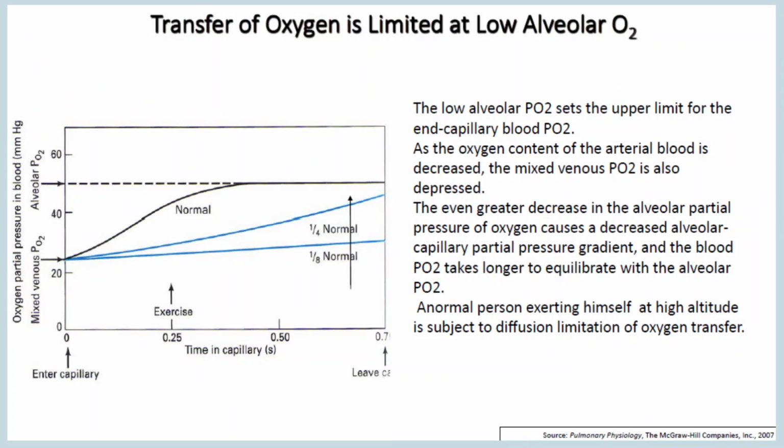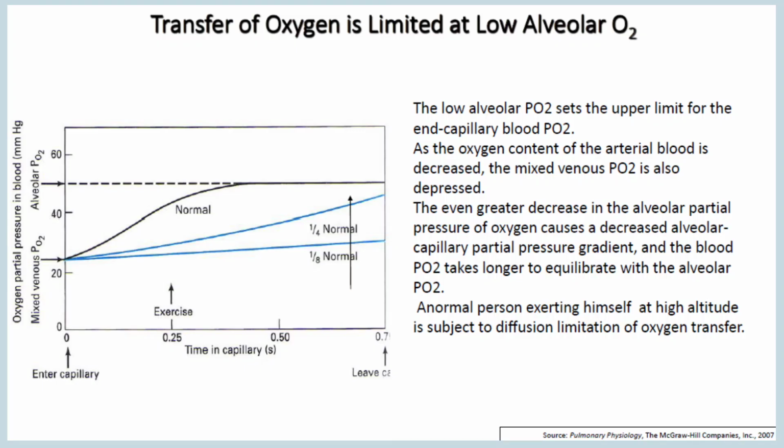Another important point: this transfer of oxygen is not the same at low alveolar oxygen pressure. At low alveolar partial pressure of oxygen, you can see that it sets the upper limit for the end-capillary blood PO2. As the oxygen content of the arterial blood is decreased, the mixed venous PO2 is also depressed.